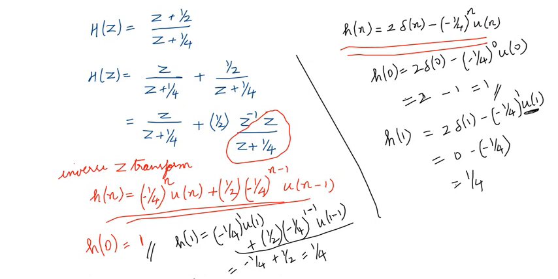But in a multiple choice question, MCQ type, if this answer is given this is correct, if this answer is given this is correct. We should be able to understand whatever method is given. This can be solved by splitting like this, or by multiplying numerator and denominator by z. We have two answers and both are the same. That is what I have proved now. Similarly, you can check for h of 2 and h of 3, you get the same answer. I leave it as an exercise to verify completely whether this h of n and this h of n are the same.